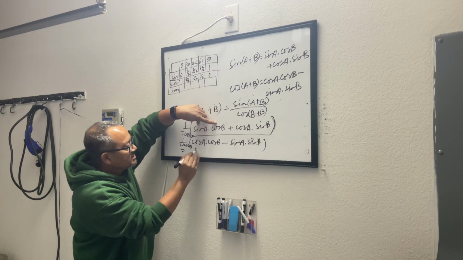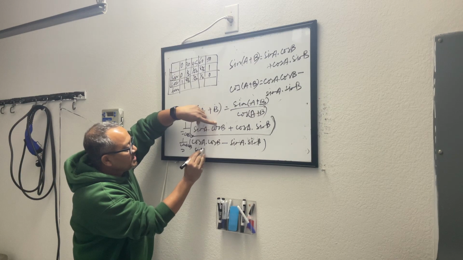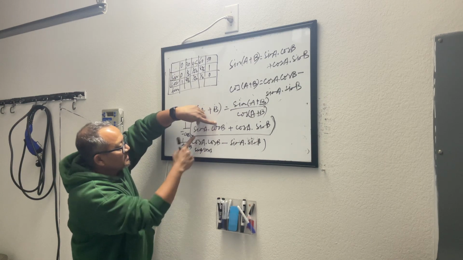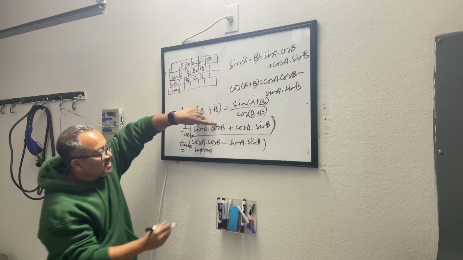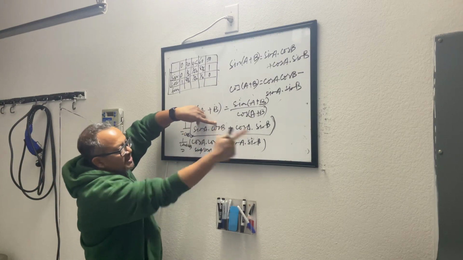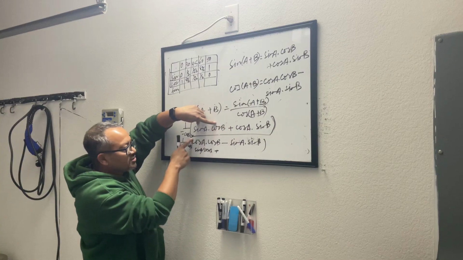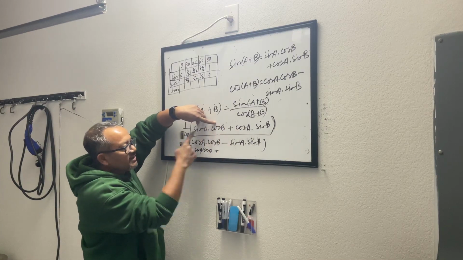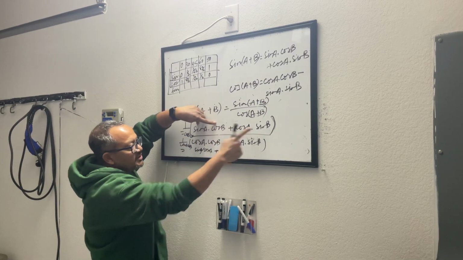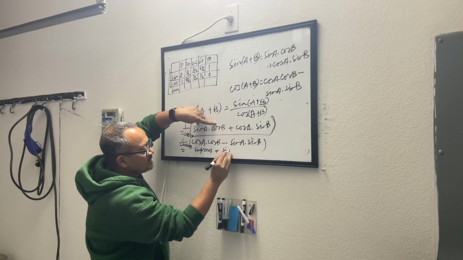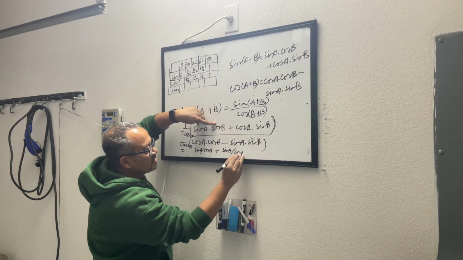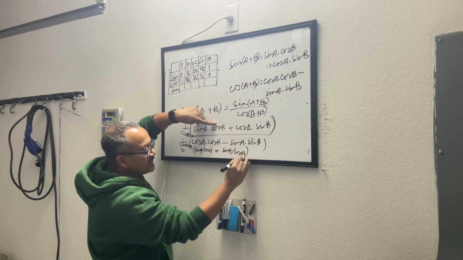It will become sine of A divided by cos of A, the first term. Then I have a plus. I am just breaking the bracket open. So I am dividing this term also with cos of A, cos of B. So cos of A will get cancelled out, and I will be left with sine of B by cos of B.